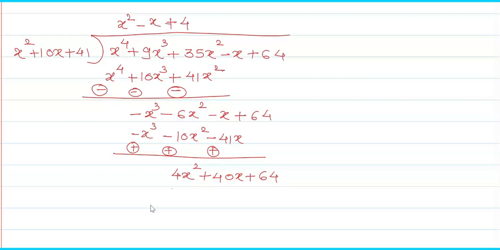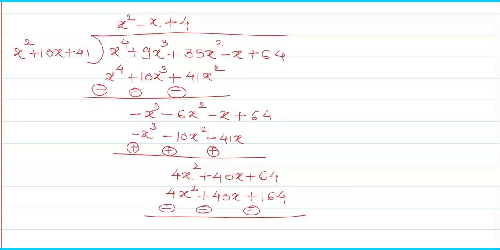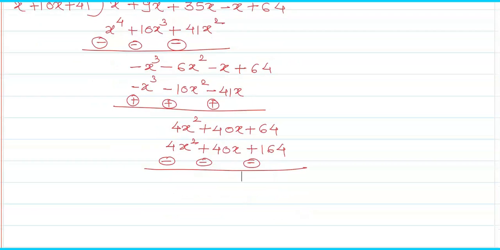Therefore here you will get 4x square. 4 into 10, you will get 40x. 4 into 41, you will get 164. Again while dividing, change the minus sign. Okay, and hence the remainder is minus 100.